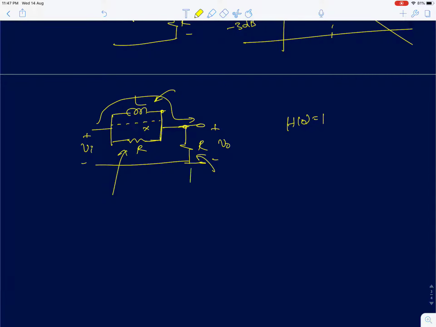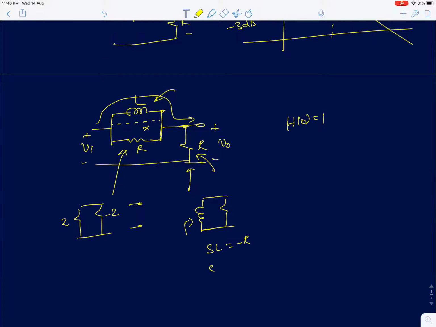At that point Z2 is finite because it's just a resistor, and this will blow up to infinity when, as we discussed, I have two impedances, say Z and minus Z in parallel, I'm going to get an effective impedance of infinity. So that will happen when SL equals minus R. So the zero frequency, SZ, is a left half plane zero, it's going to be minus R by L. So I'm going to write omega Z as R by L.